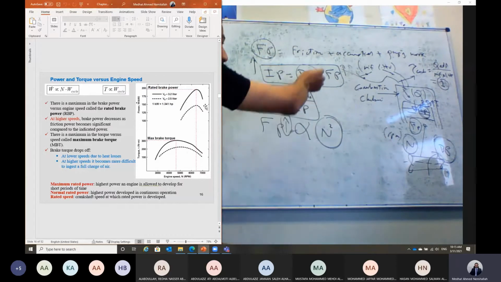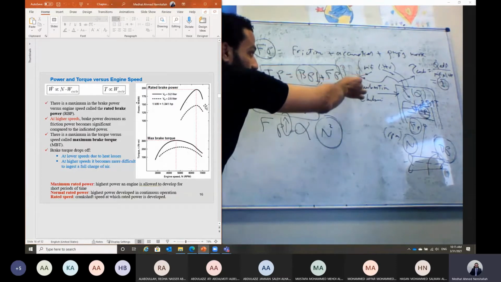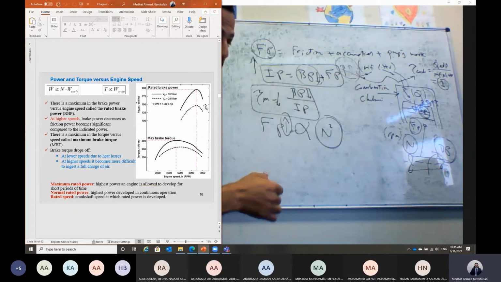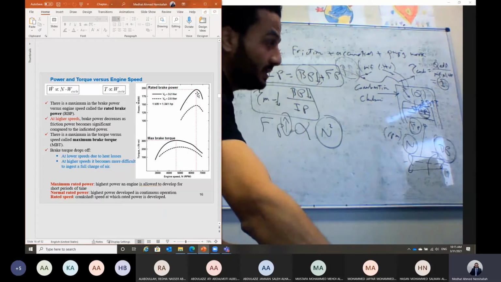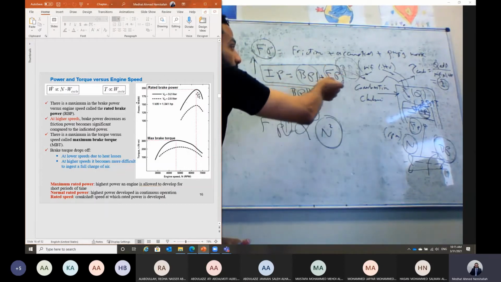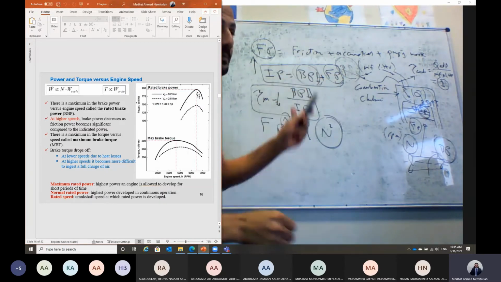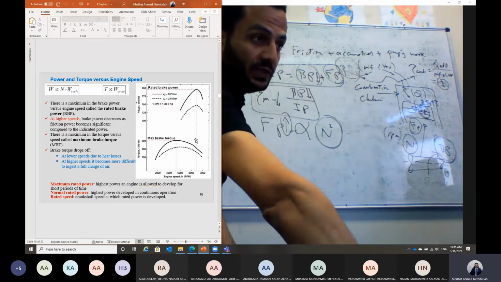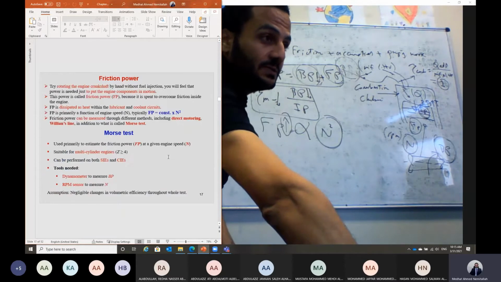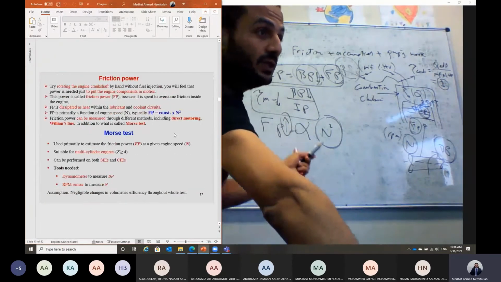Both of them should be increased, but at a speed higher than the speed of the rated power, the increase of the friction loss power will be much more than the increase in the brake power. So in this case, finally, the brake power of the engine will be reduced. Okay, and this is the idea. The friction loss power is proportional to n square in this case.